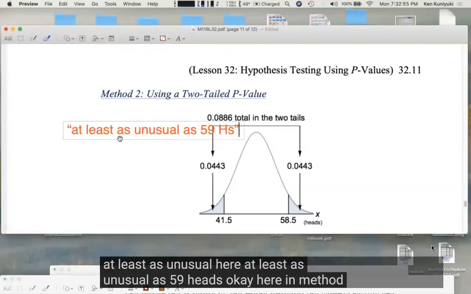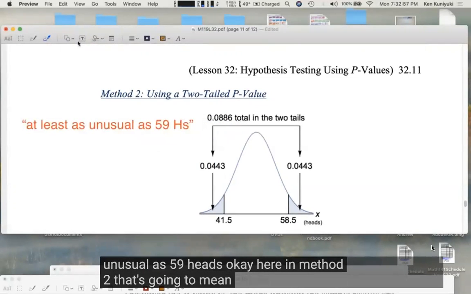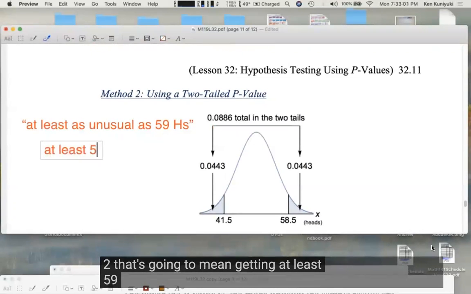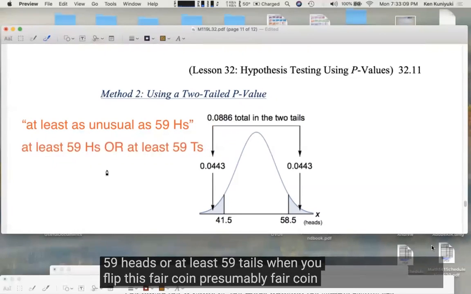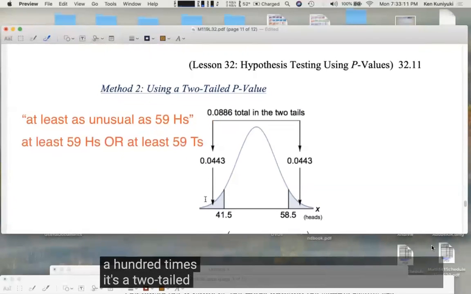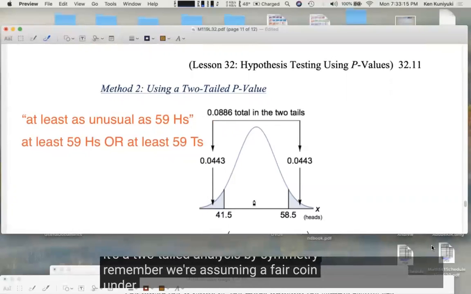Okay, here in method 2, that's going to mean getting at least 59 heads or at least 59 tails when you flip this presumably fair coin 100 times. It's a two-tailed analysis. By symmetry, remember we're assuming a fair coin under the null.